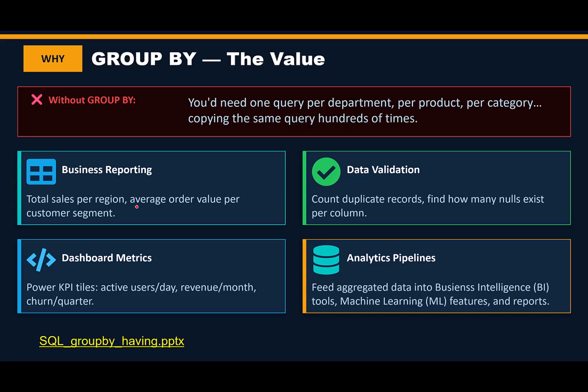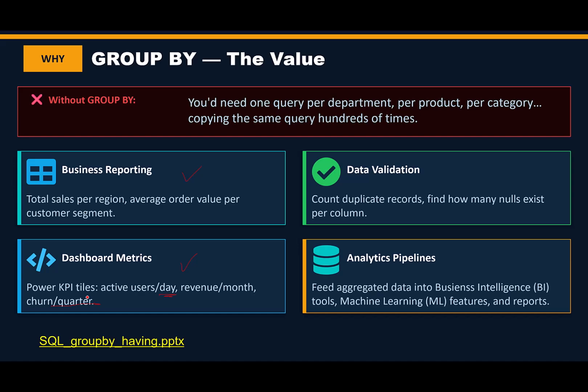Okay. The aggregate information can be used for business reporting because managers usually want to look at summarized data. And you can also display that information and feed it into a digital dashboard. For instance, active users on a daily basis, the revenue based on some time period, such as a month, and the churn rate of customers on a quarterly basis, etc. And it can also be used to feed the data analytics pipeline.